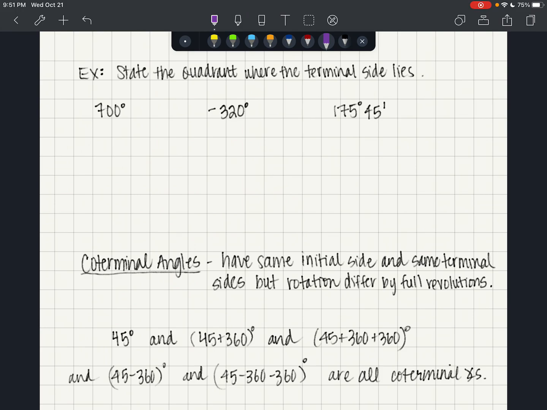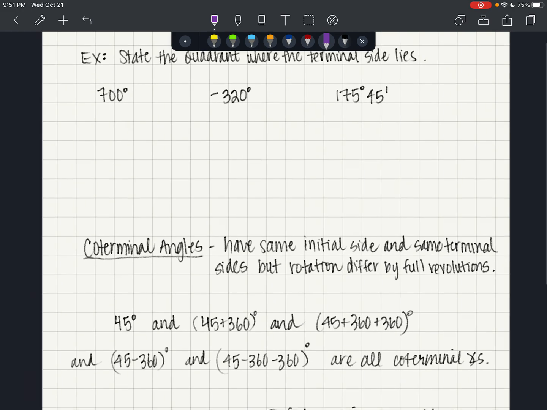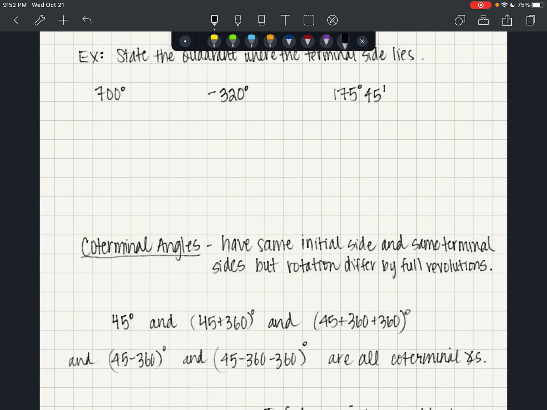Okay. So now let's state where the terminal side lies for each one of these angles. 700 degrees. 700 degrees is going to be, I have to draw a picture, counterclockwise. And I'm going to start at the positive x-axis at 0 degrees, and I'm going to turn 360, but that's not going to be enough. So 360 twice is 720.